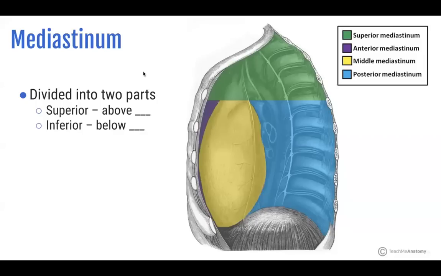To start off, I want to talk about the divisions of the mediastinum. The initial division, we can divide it into superior and inferior based on a single landmark. Does anyone know what this is? What separates the superior and inferior mediastinum?